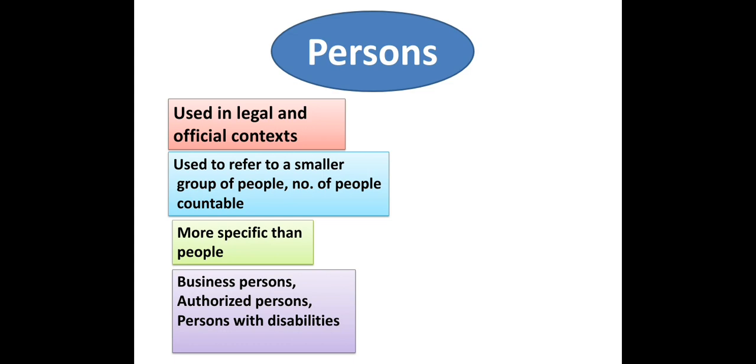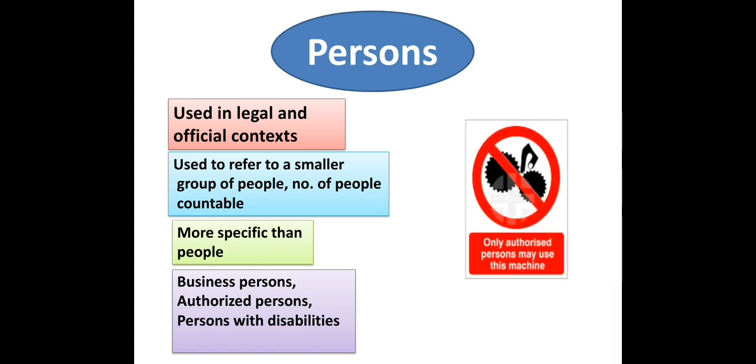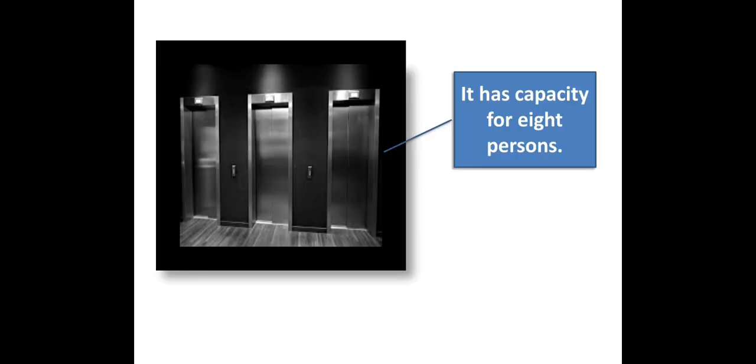You can see the use of persons in public notices, like only authorized persons may use this machine. And you can also observe a signboard near any elevator stating that it has capacity for 8 persons. So you can see the use of persons in legal and official contexts. Alright?